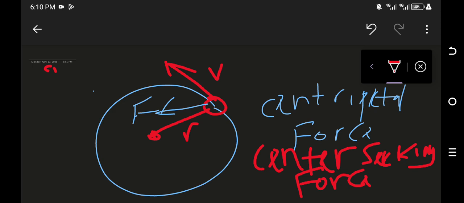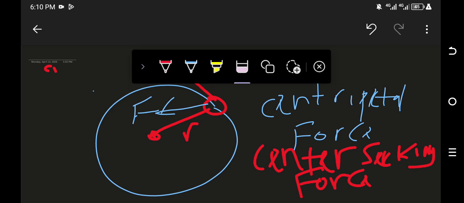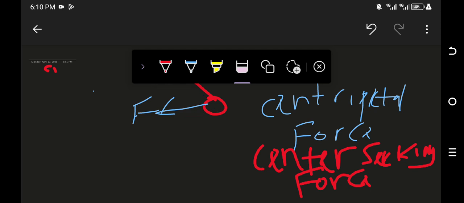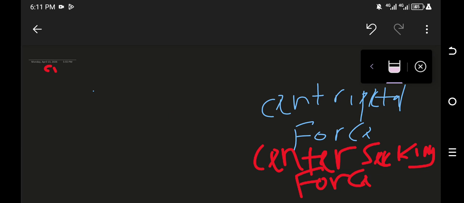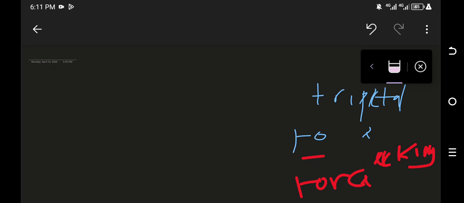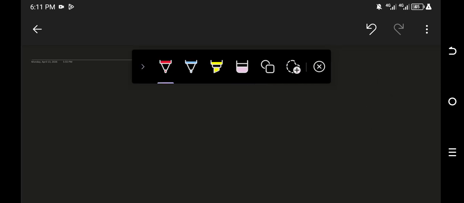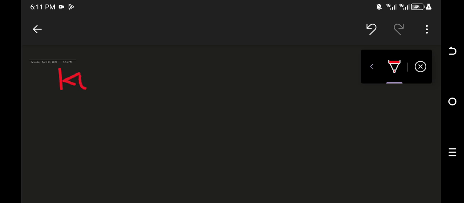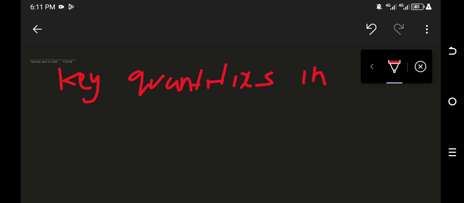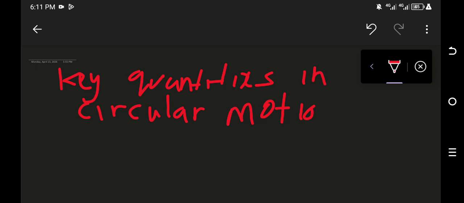So now we are going to look at the key quantities in circular motion. Let me wrap this part and write it down: key quantities in circular motion.